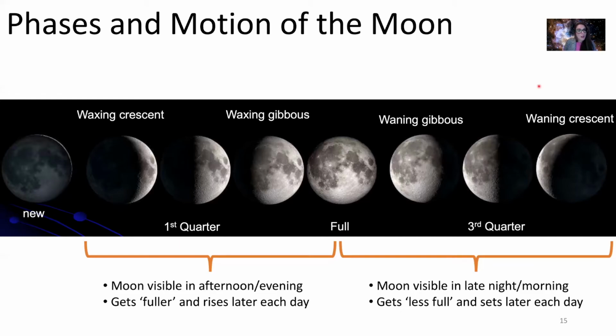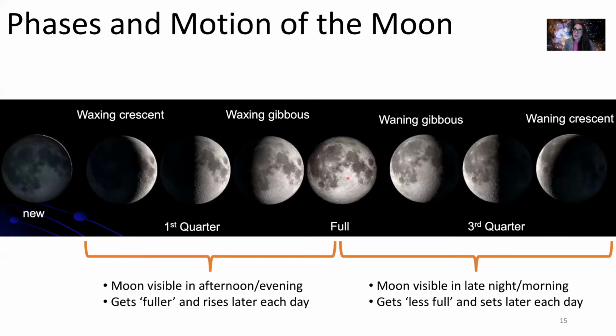So while we're moving through our waxing phase, going from new moon to full moon, the moon is visible in the afternoon or the evening time. It gets fuller every night, the more of the moon is illuminated every night, and it rises later each day, okay, as we move from new moon toward full moon.